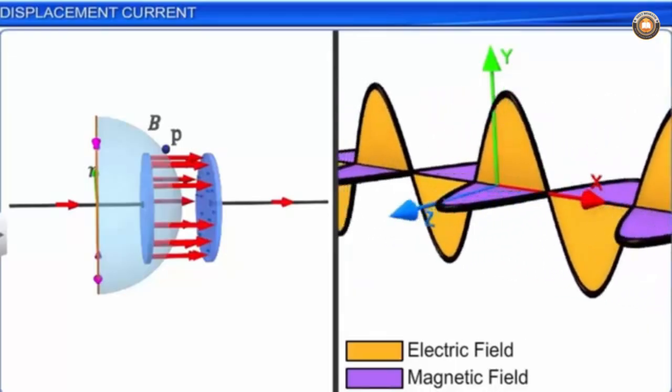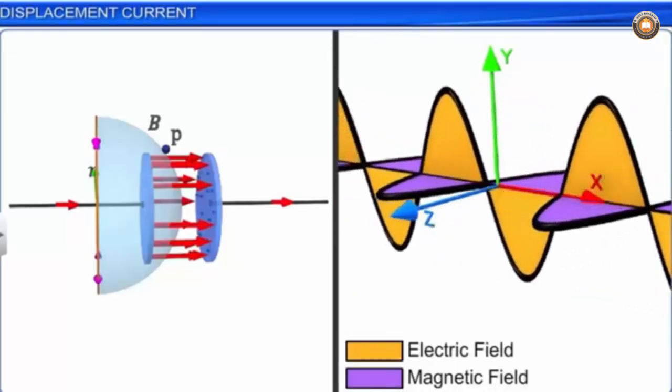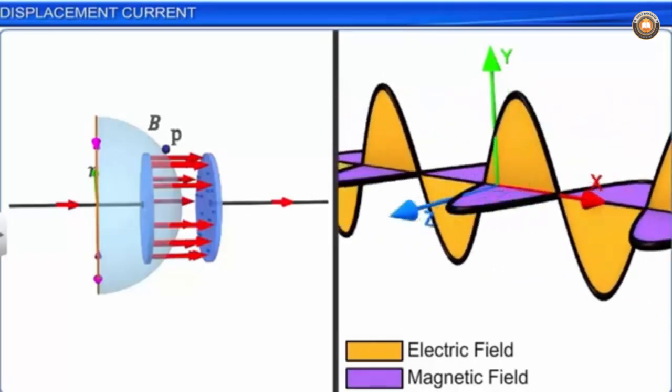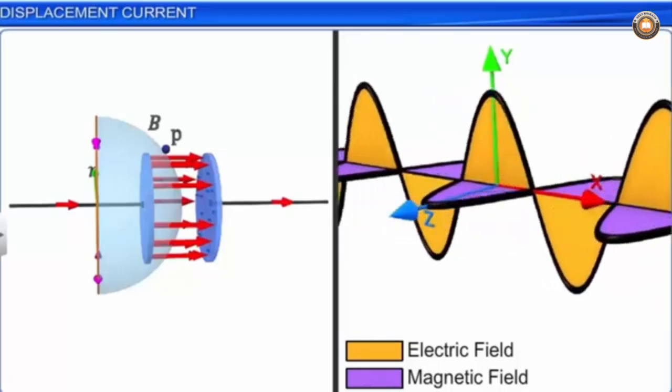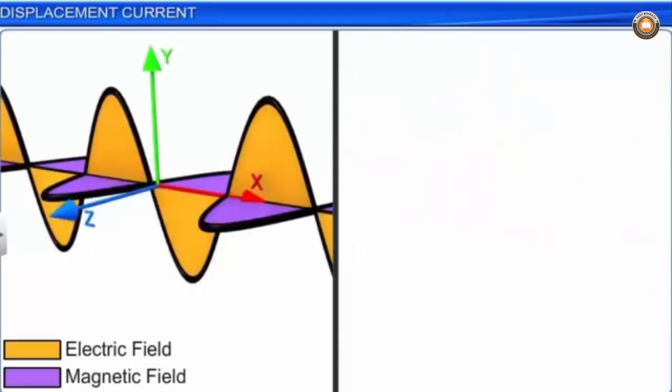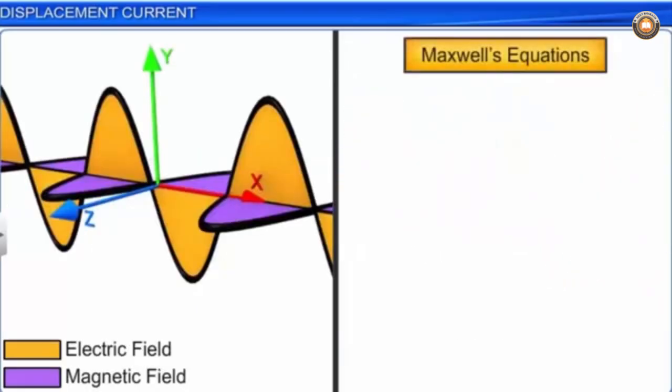Now, let us have a look at the set of equations originated from different sources that helped the study of electromagnetic waves. These equations are popularly known as Maxwell's equations. They are: integral over the closed surface E dot dA is equal to Q by epsilon naught.